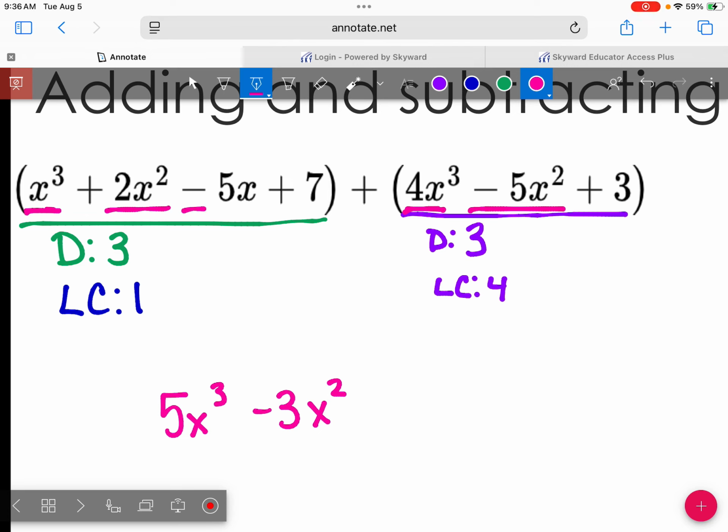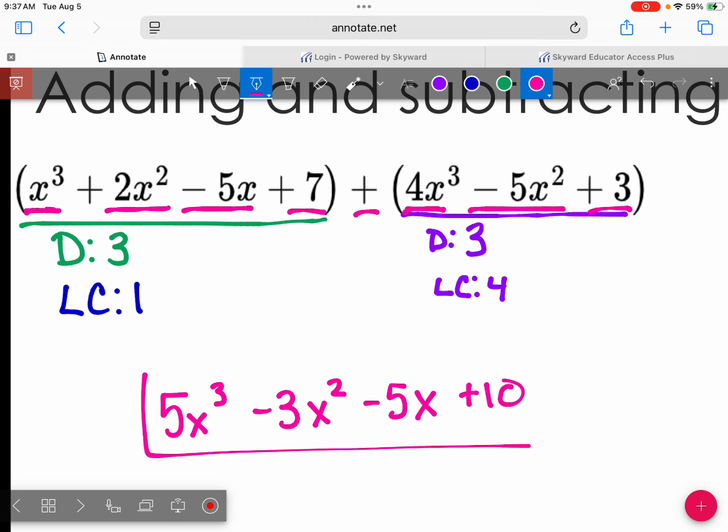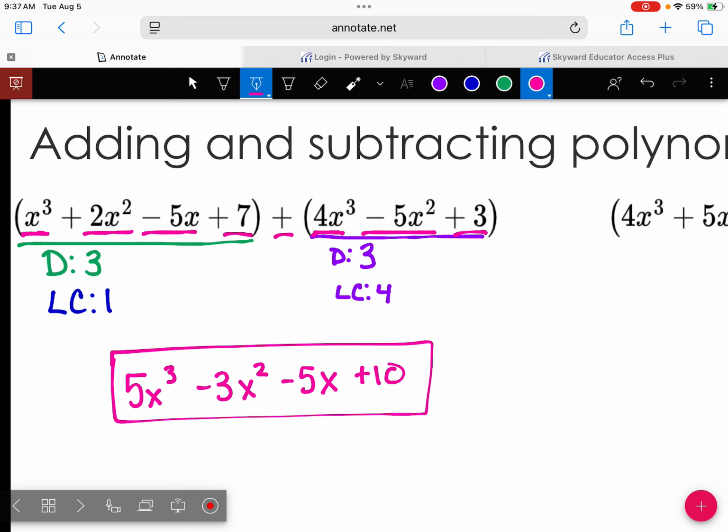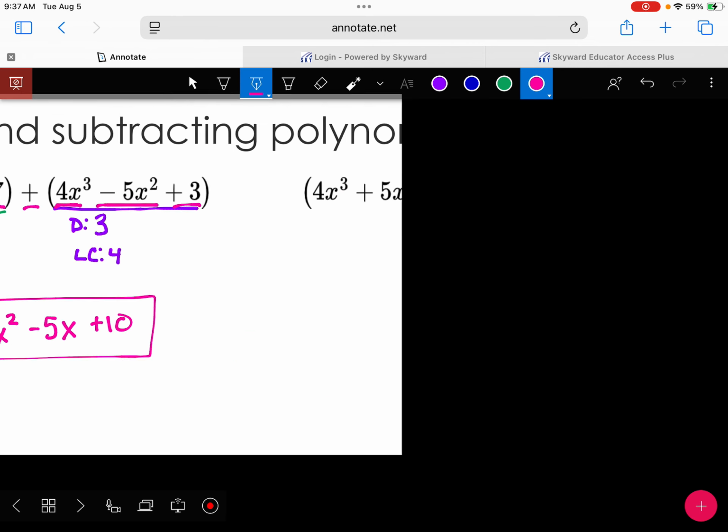And then we have our minus 5x plus no x's, just minus 5x. It doesn't change. And then our last piece up here, we've got our 7 plus 3, 10. Adding our polynomials, we're combining like terms. So you don't have to do the degree and leading coefficient thing. I just wanted us to practice that for a second.